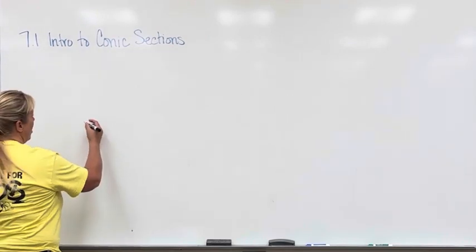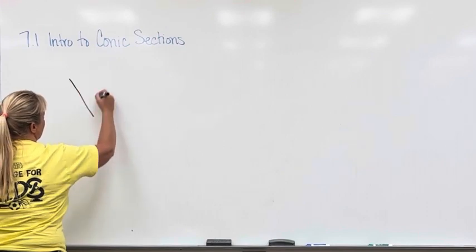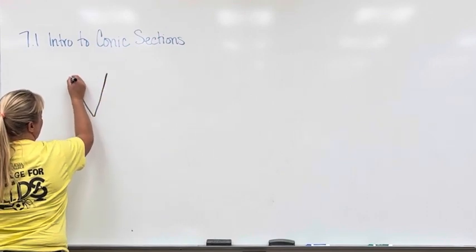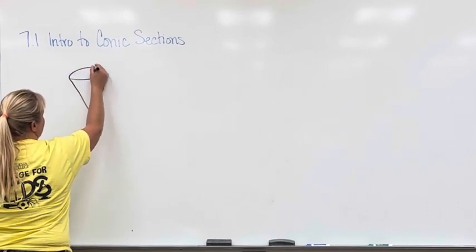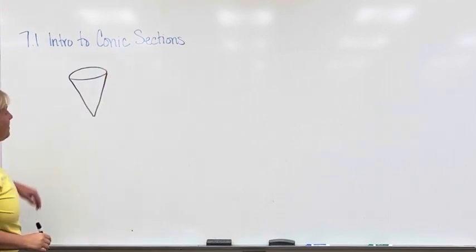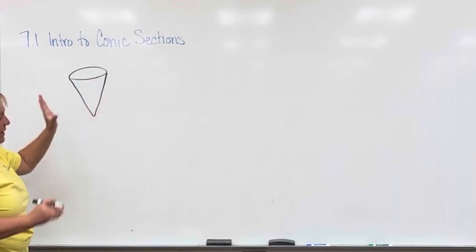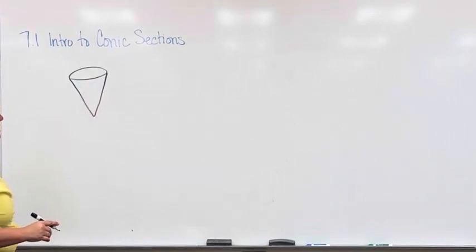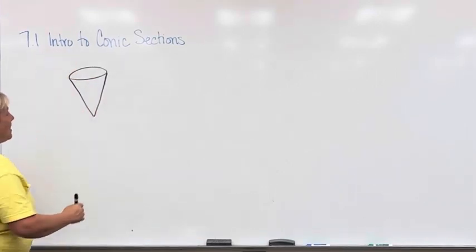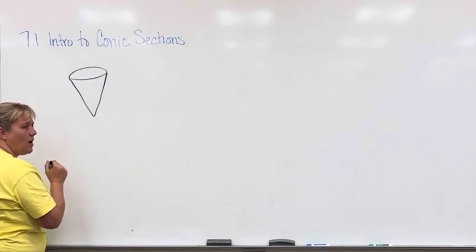And when we look at a cone, we might be used to seeing an ice cream cone that looks like this. Okay. It has a circle as its top and then a triangle base, and we're looking in 3 dimensions here. But when we talk about conic sections here, we're actually going to talk about the full cone.